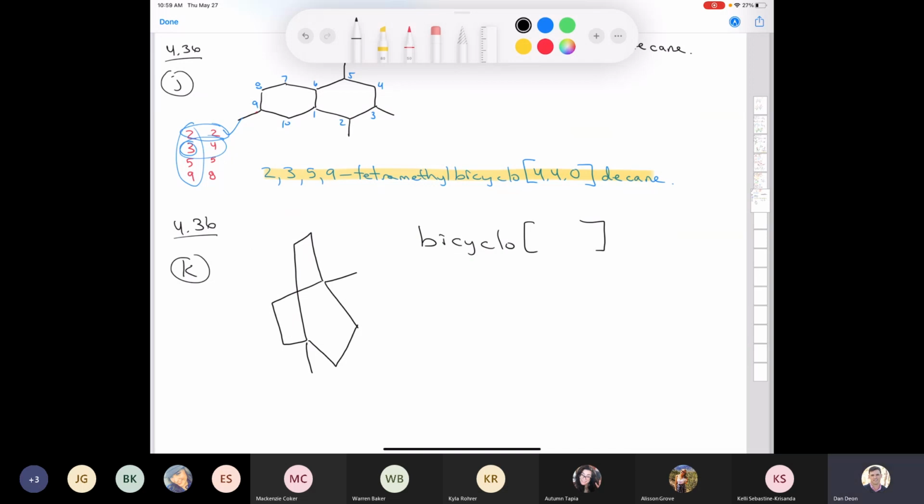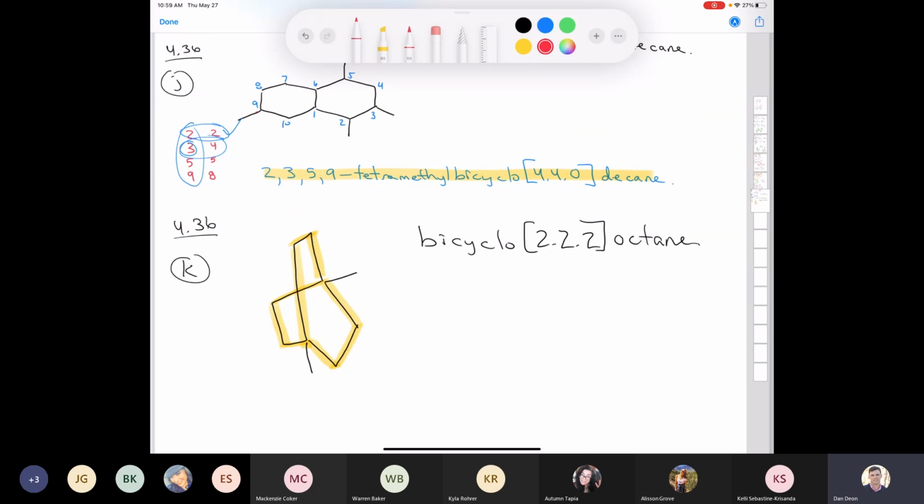So there'd be a total of 8, right? In the bicyclic system, we have 1, 2, 3, 4, 5, 6, 7, 8. All right, so there's 8 carbons in the bicyclic system. So this is bicyclooctane. Okay, then we have 3 bridges. We've got 2 carbons here, 2 carbons here, and 2 carbons here. So every bridge has 2 carbons. We have a bicyclo 2,2,2 octane. All right, and we have 2 substituents.